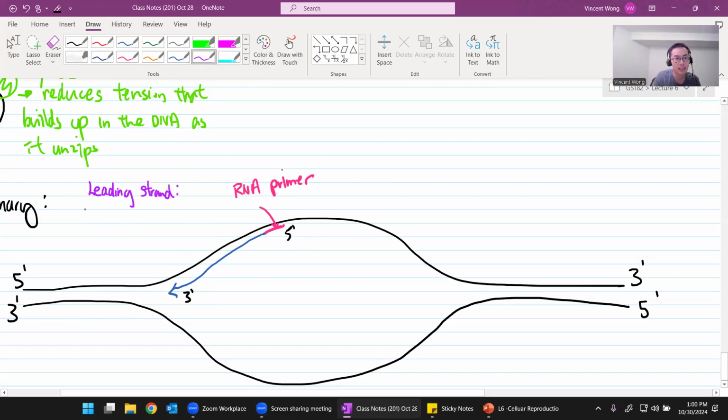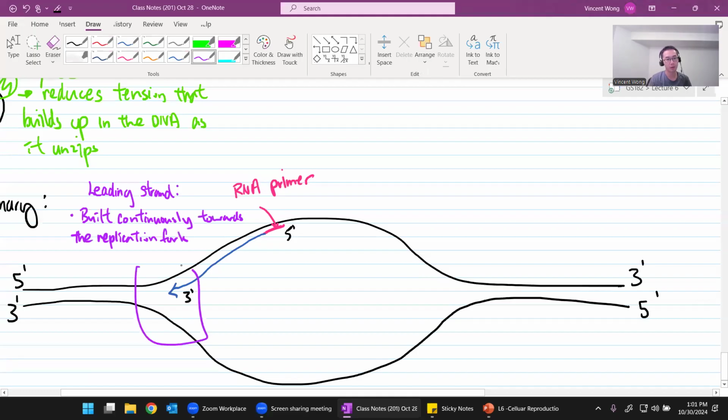It's built continuously towards the replication fork. It goes into the fork. Remember, that's called a fork, right? So it's going to go into it. It's called the leading strand.